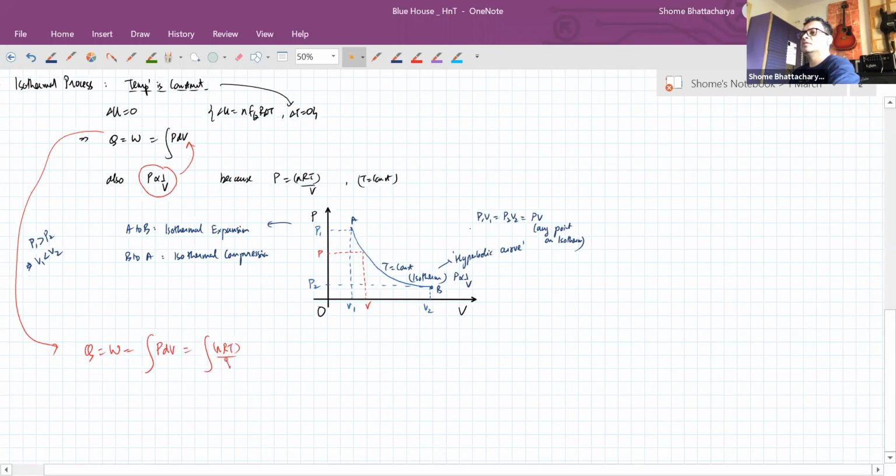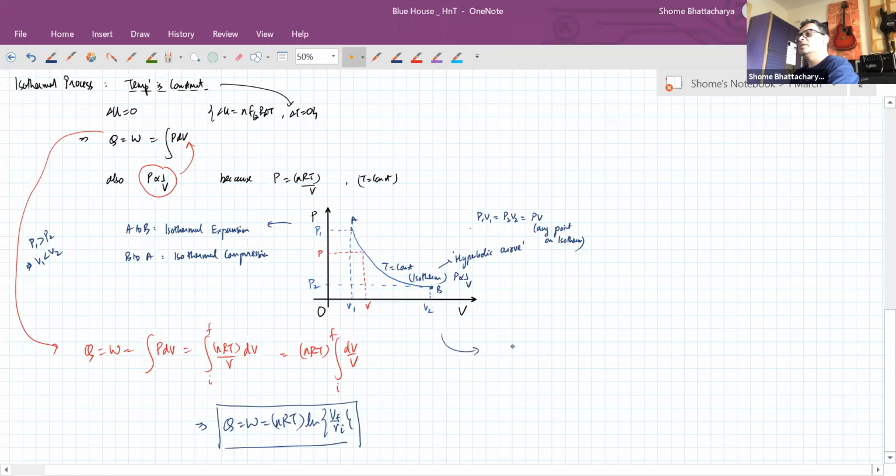So that is nRT by V dV integrated from whatever initial to final point. Because temperature is constant, we had seen it becomes a logarithmic expression. So finally, we get Q is equal to W is equal to nRT, which is a constant, into natural log of final volume divided by initial volume.